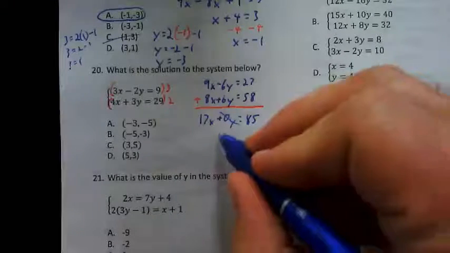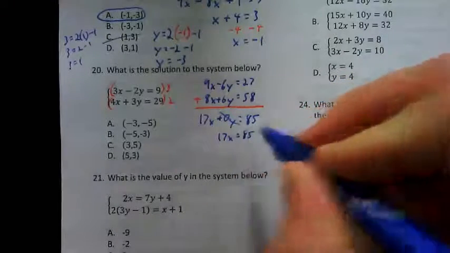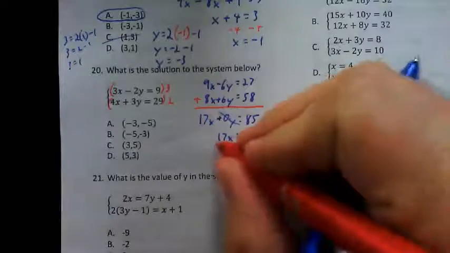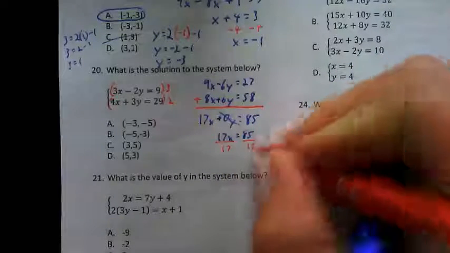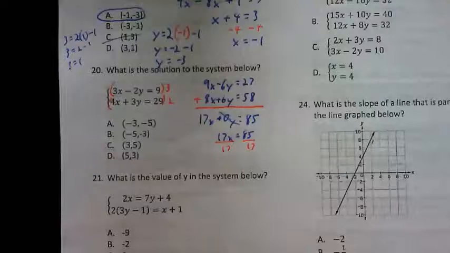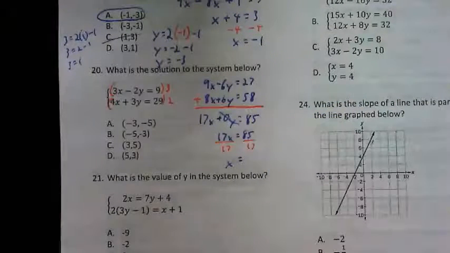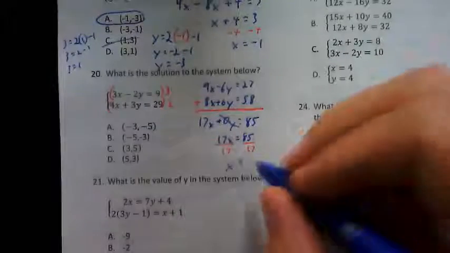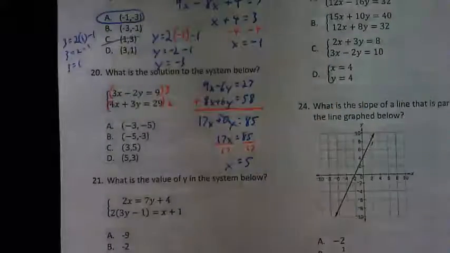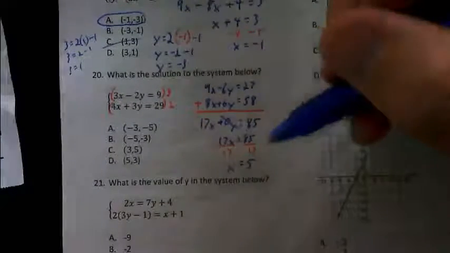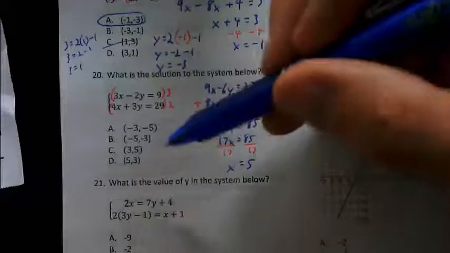So now we have 17x equals 85. Divide by 17. And when we divide 85 by 17, we get 5. So the first part of our answer, the x value is 5.